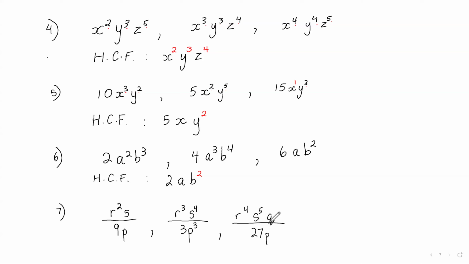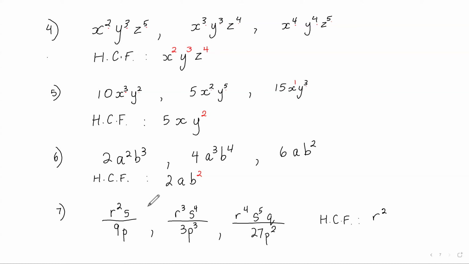27p squared, right? So let's look at the numerator first. Tell me what would be the terms for the numerator. It will be r, r squared, and s. For the numerator, we still have s, right?